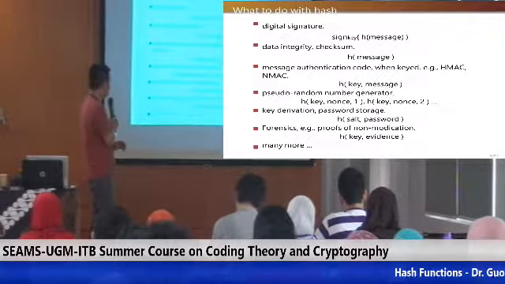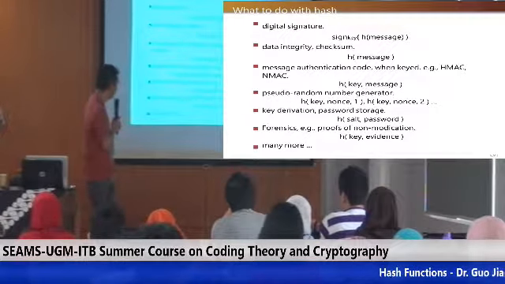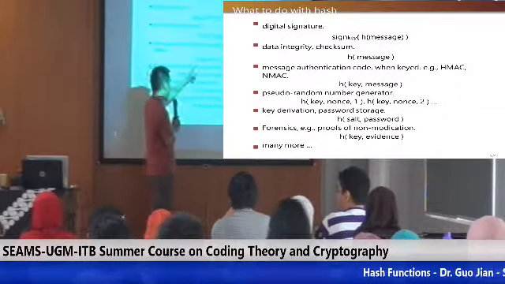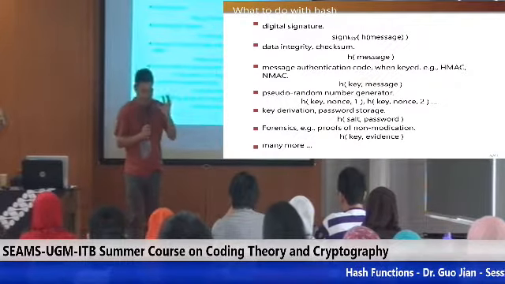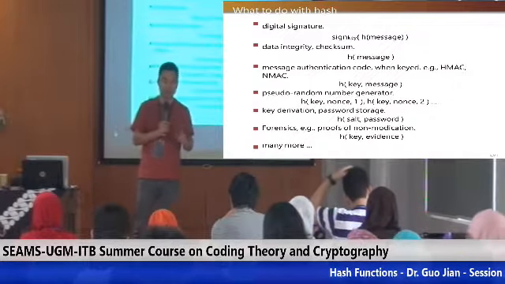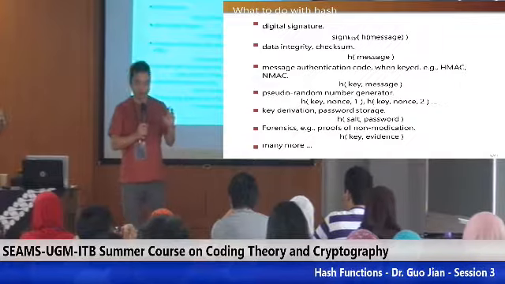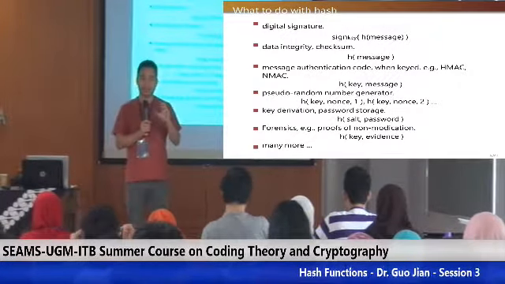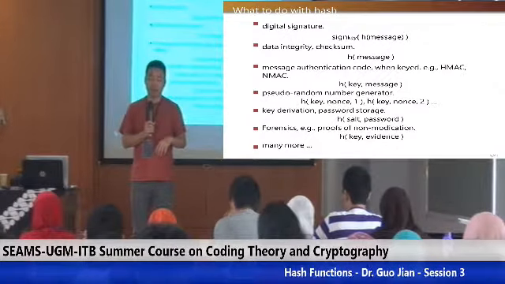We can also do message authentication codes with keys. For example, HMAC and MMAC. So what we do is we actually hash a key together with a message. So it has both functionality of integrity and authenticity, meaning that the communicating two parties compute this on both sides.